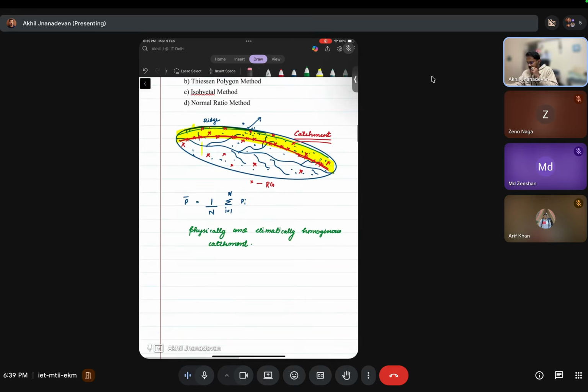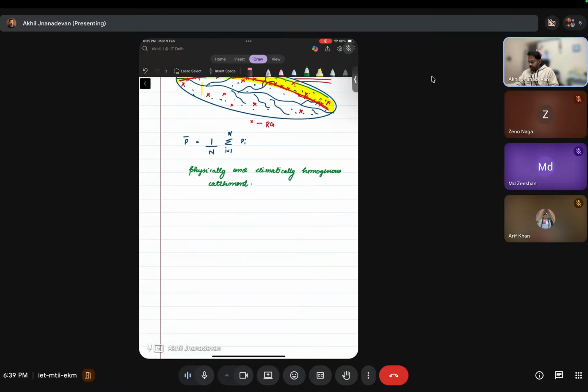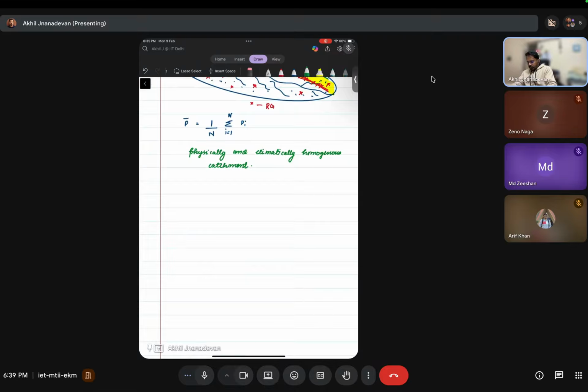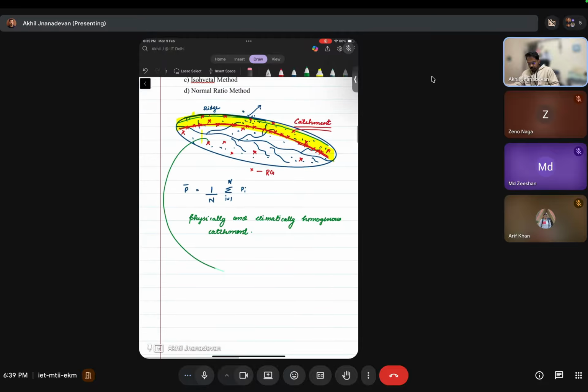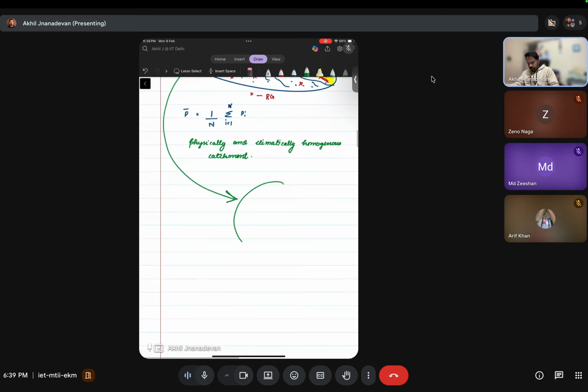So what the Thiessen polygon method basically does is, we have taken an example within this particular basin. I'm drawing a smaller area where we have a rain gauge here and a rain gauge far away here. I am interested to know the rainfall at this particular point.